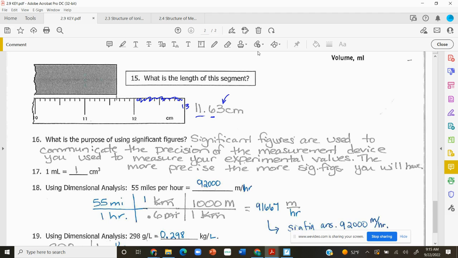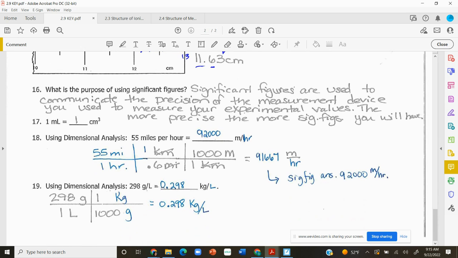Looks like I need to put that down. 1 centimeter cubed equals 1 milliliter. So I'll have that down on your sheet. Here you're using dimensional analysis. So you are taking 55 miles per 1 hour. We're converting miles, and I will have conversion factors like this on your paper.